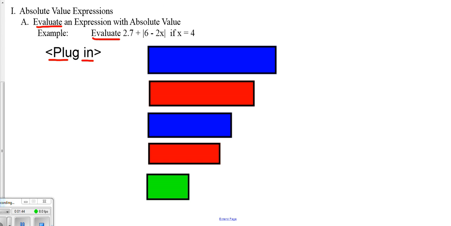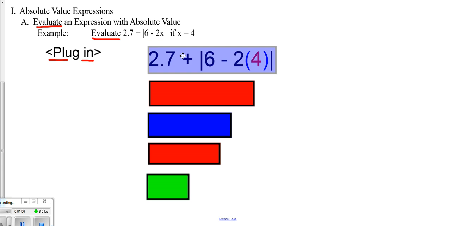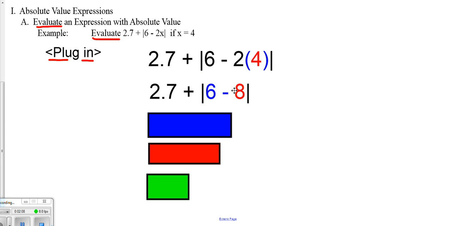So if x was 4, and we are evaluating 2.7 plus the absolute value of 6 minus 2x, we're just replacing all of these x's with 4. So now it's 2.7 plus the absolute value of 6 minus 2 times 4. 2 times 4 is, of course, 8.